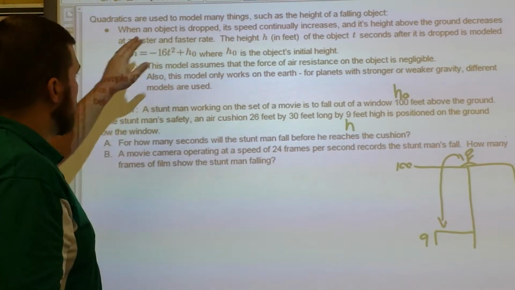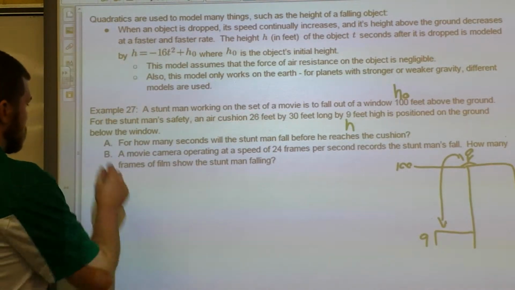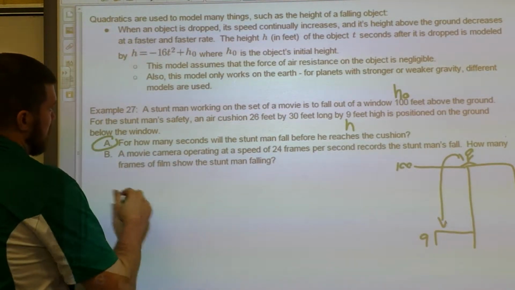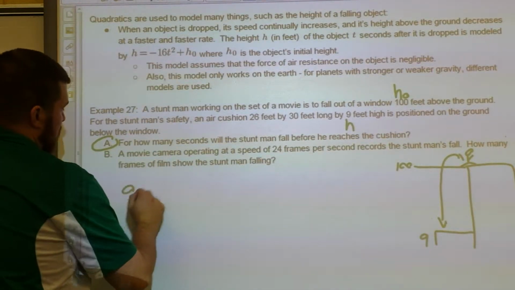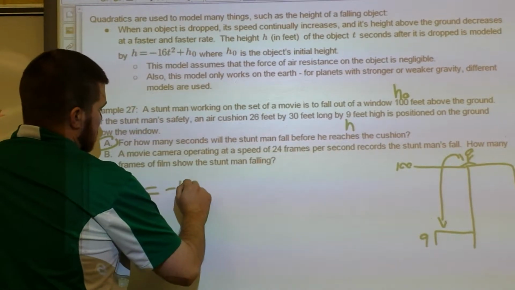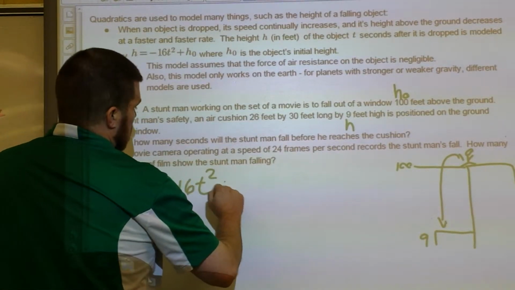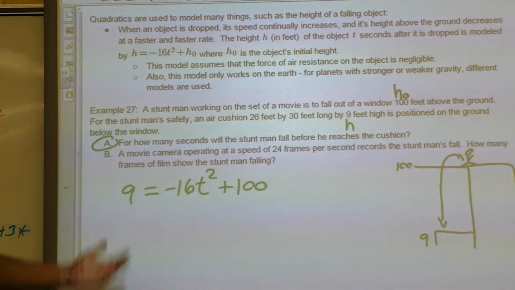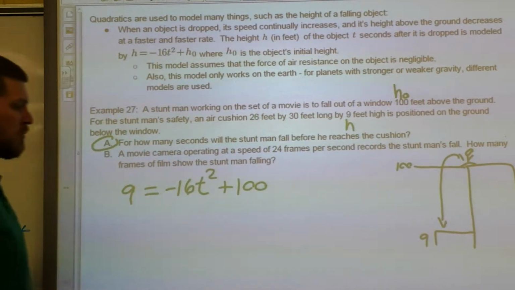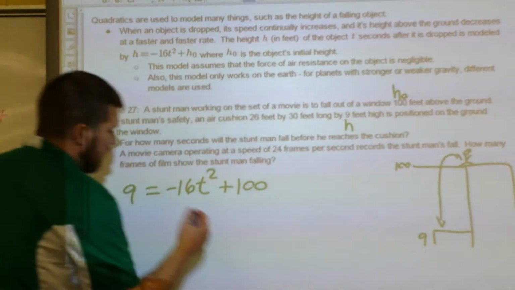All right, so now that we have our information, we're going to plug into our formula. So we're doing A in green. Our final height is 9 equals negative 16t squared plus our original height, which was 100. Well, we could, of course, solve this by hand, but we have the technology, so let's practice solving by graphing.